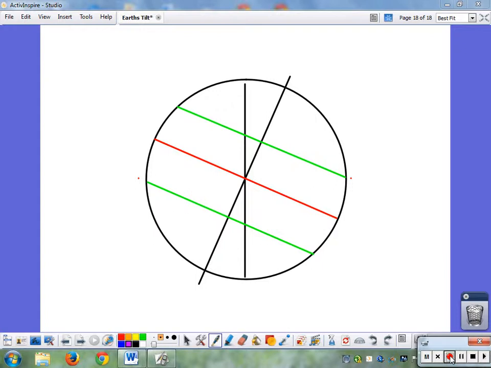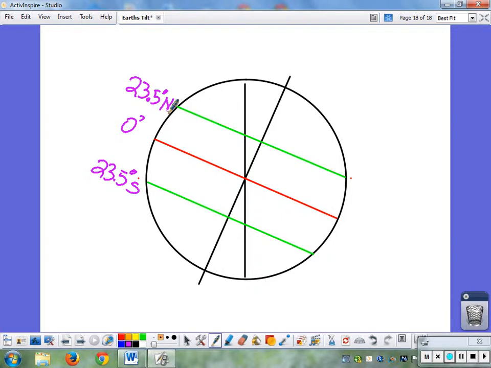So let's just look at that idea when we look at Earth here. This is the diagram that we've put into our notebooks. We have the equator located at 0 degrees. We have the tropics located at 23.5 degrees south and 23.5 degrees north.